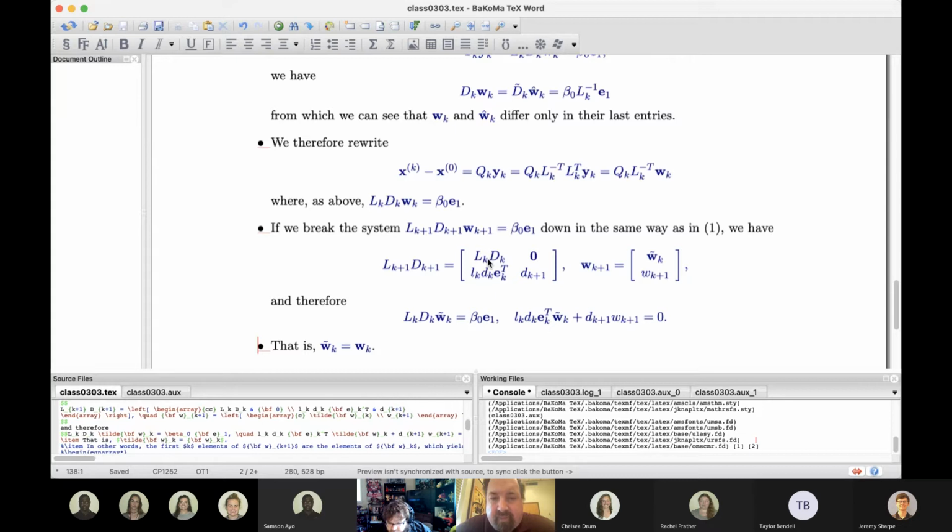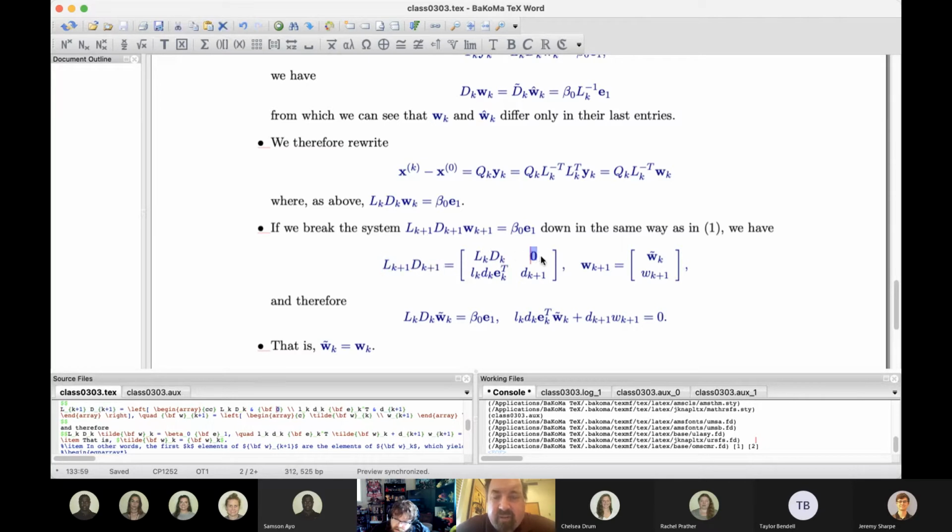Now, what happens is, if I were to write out the entries of this matrix, I would see that the upper left k by k block is just this. And then the L's are unit lower triangular. The D's are diagonal. This whole matrix is lower triangular.